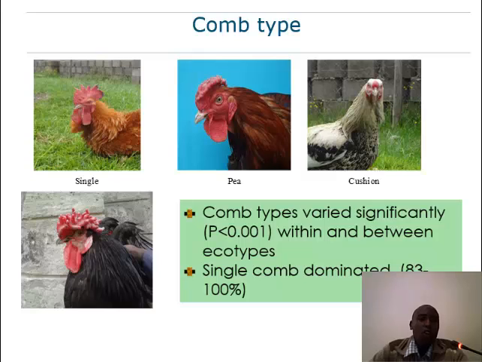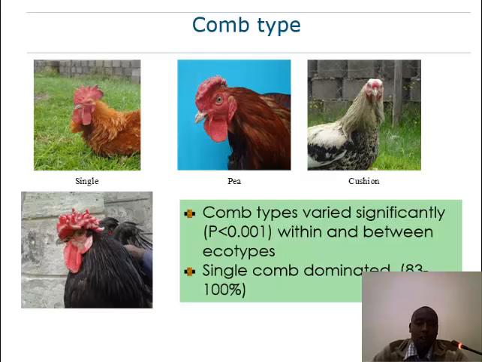In terms of comb type, there were a number of different types of combs recorded in the population. As you can see there, we have the single comb, we have what we call the pea comb, the cushion, and other types.